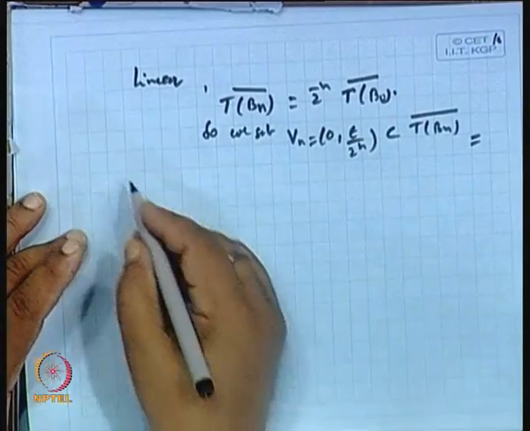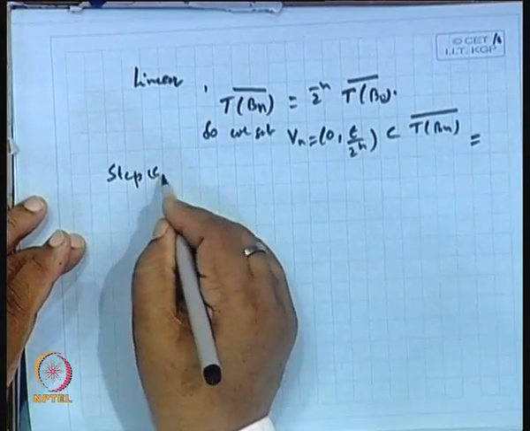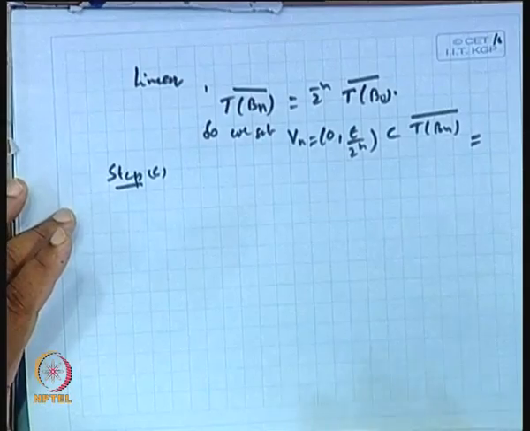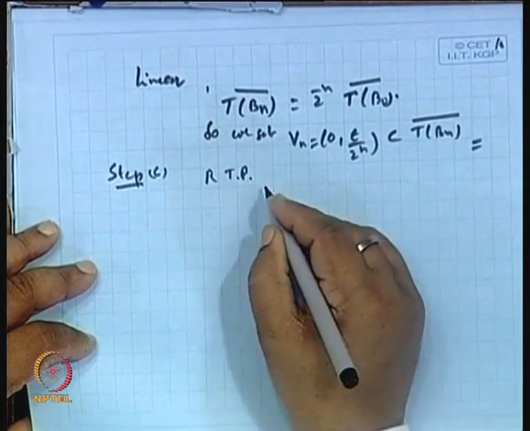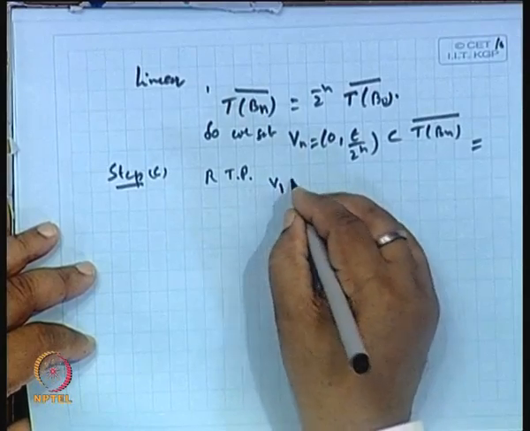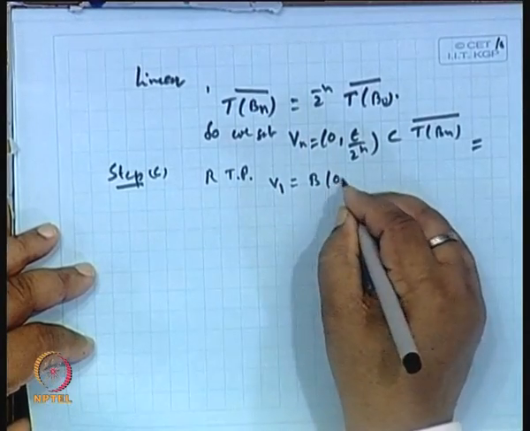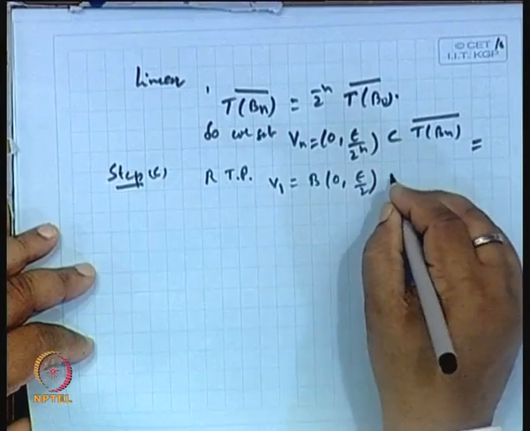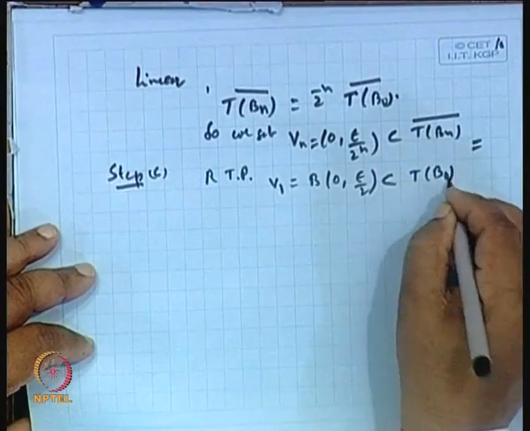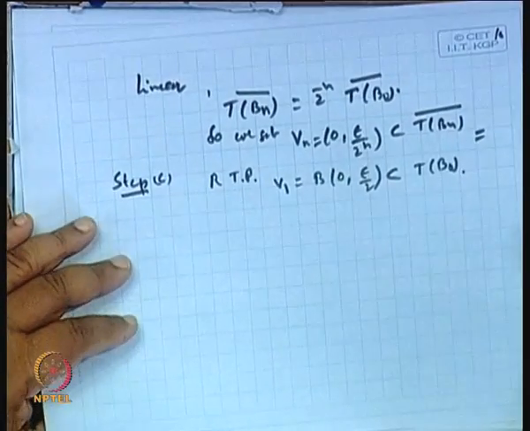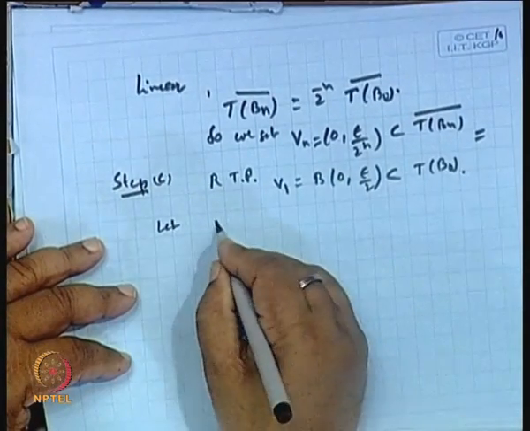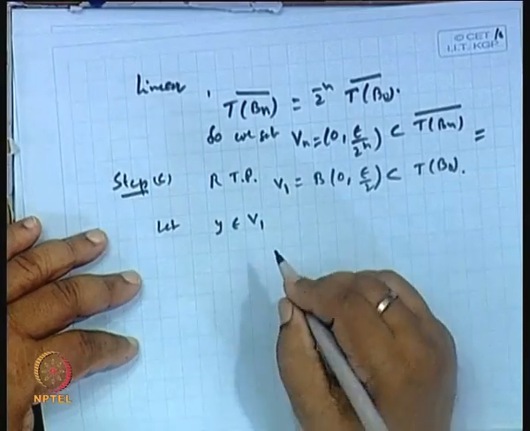And step 3. What we finally require to prove is that this ball V1, centered at 0 with a radius epsilon L by 2, is contained in T B1. This we wanted to show. Okay, so let us take y as a point in V1.